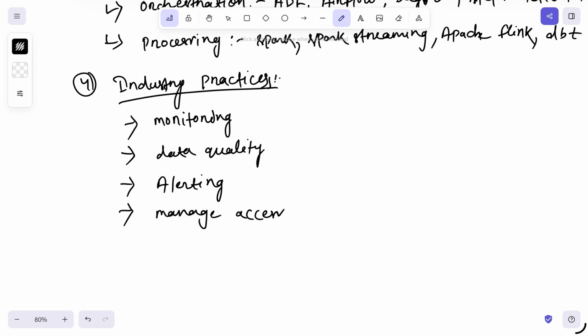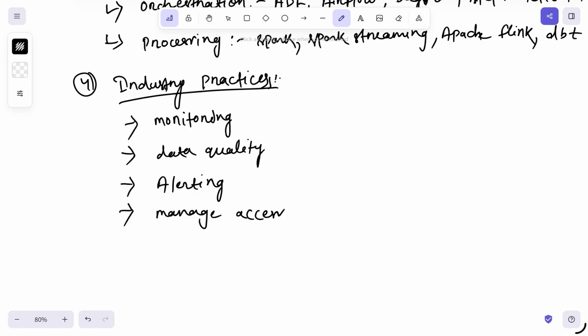I would say these four steps are enough to finalize your answer, about how your data flows from source to destination. It is not just that you have designed a system for how data flows from source to destination.